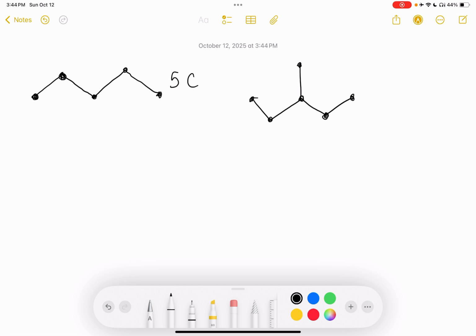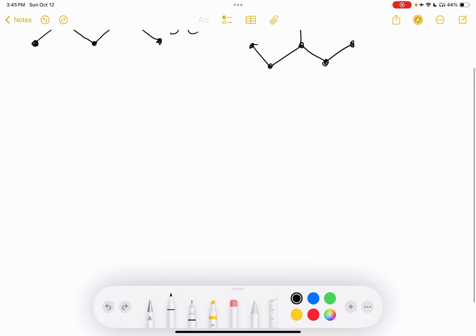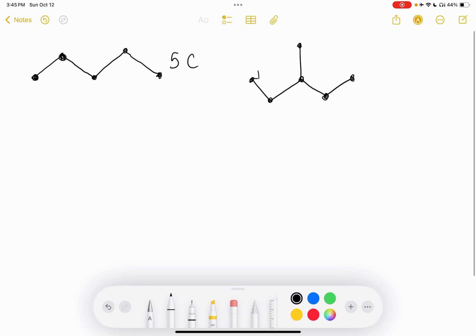And I think one thing I noticed on that problem from Alex is that you can't forget the junction where this guy branches off. So, oops, that's 1, 2, 3, 4, 5, 6. So that's 6 carbons.